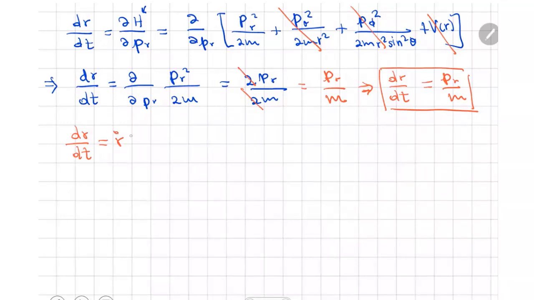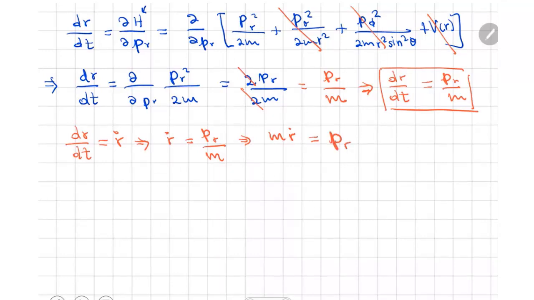So r dot is equal to p_r divided by m, and if we clear p_r, we get the mass multiplying r dot is equal to p_r.